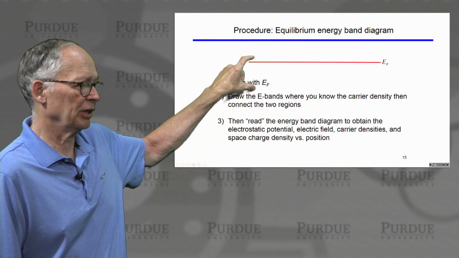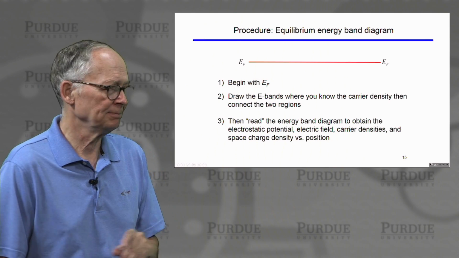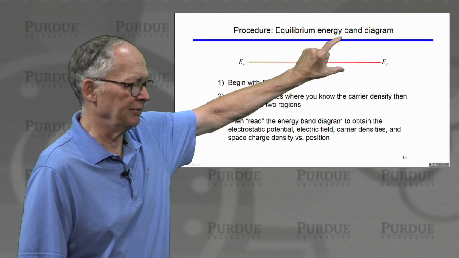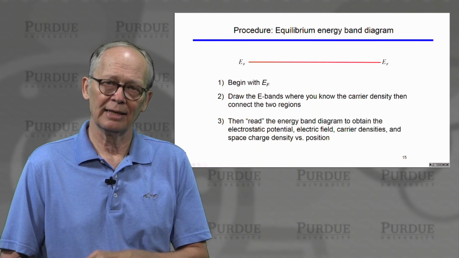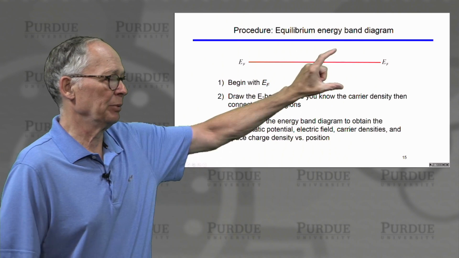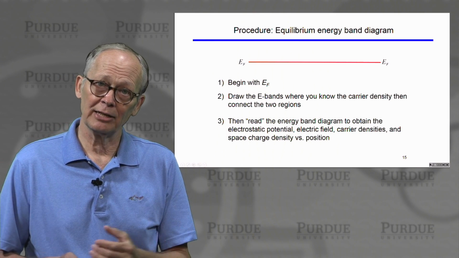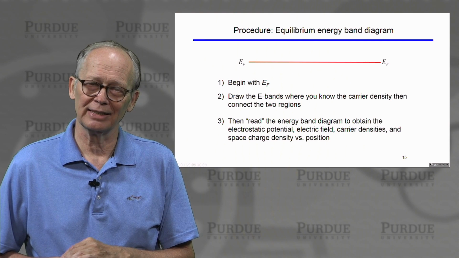So I would just draw a conduction band near the Fermi energy and a valence band, a band gap below that. Over here on the right, I know the semiconductor is P-type, so I would draw a valence band near the Fermi level, and I would draw a conduction band, one band gap above that. And then we would smoothly connect those two in the transition region. Then we'd have our energy band diagram, and then we would read it to determine the various quantities of interest.